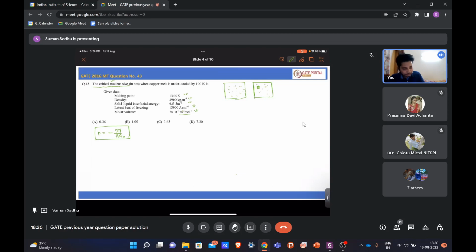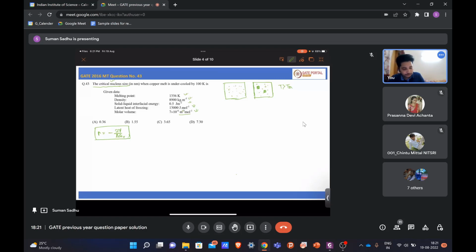So this kind of process always happens in the liquid. Small-range clusters form in the liquid, and they also break simultaneously. They are not stable above the melting temperature, when T is greater than Tm. But this phenomenon happens all the time.